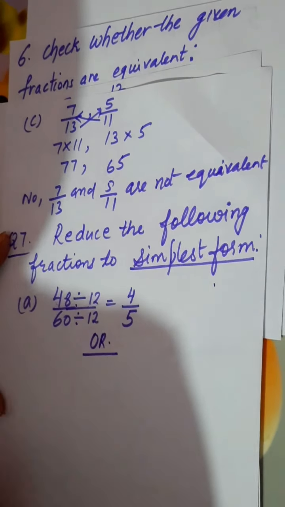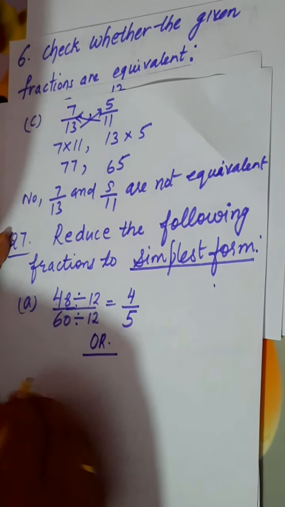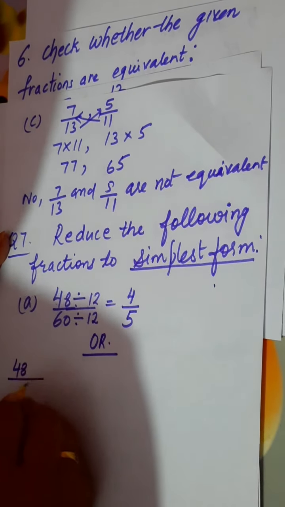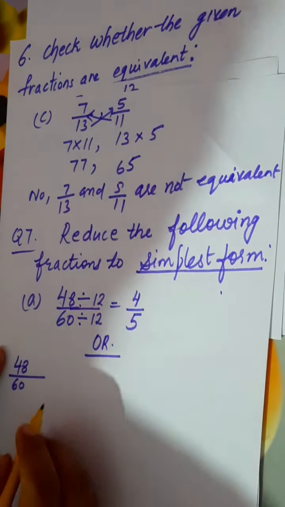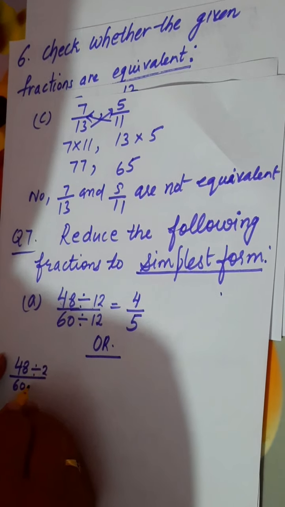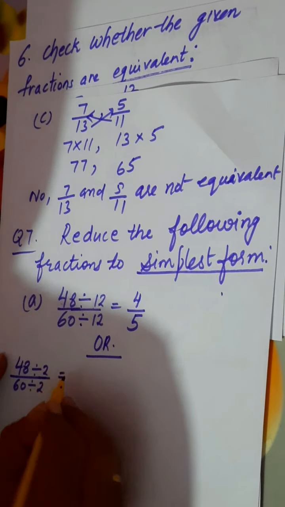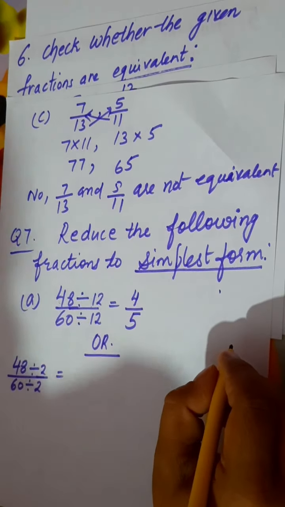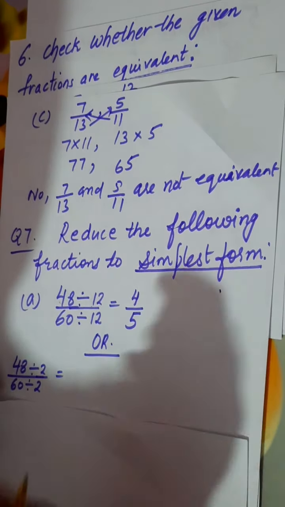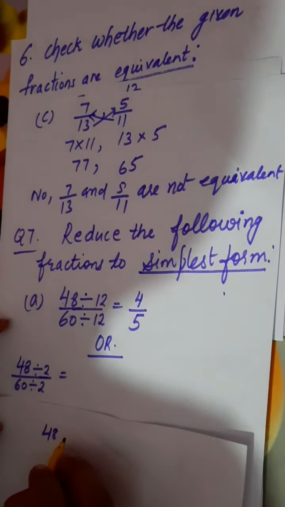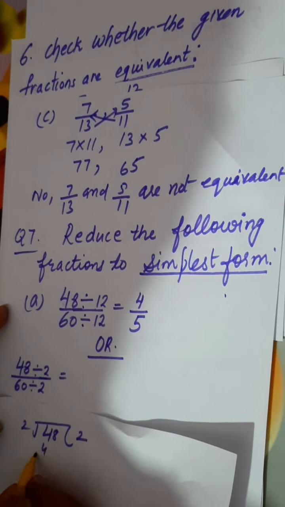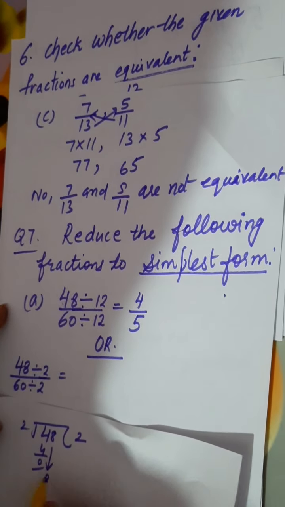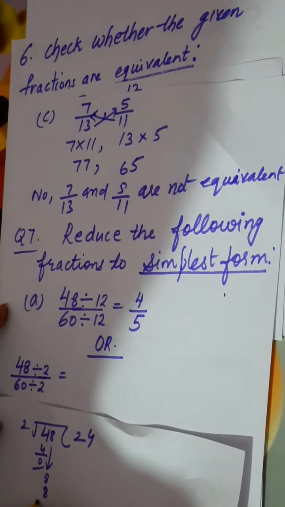Or if you are unable to find this, you can start from the smallest number also, as we know that both are even, so both are divisible by 2. If I divide 48 by 2, 2 2s are 4, here we have 8, 2 4s are 8.